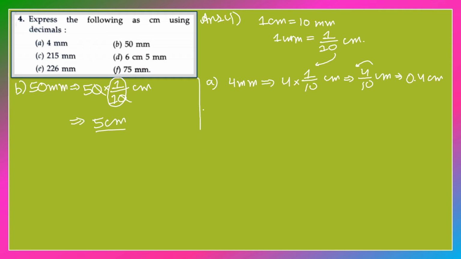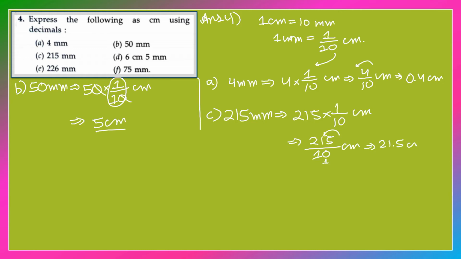Now for the C part, 250 millimeter. This will equal, it is pretty easy, 215 into 1 upon 10 centimeter, which equals 215 upon 10 centimeter. Then we're going to shift the decimal place one step towards the left, because there is only 1 zero, and it will become 21.5 centimeter.